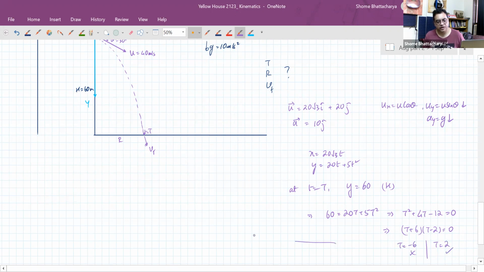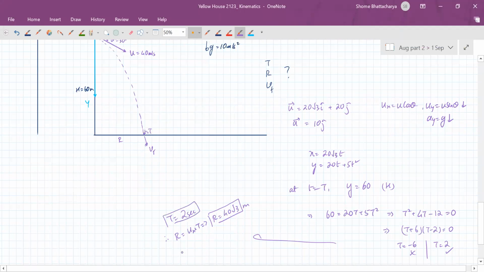So the time of flight from here will come out to be 2 seconds. For range, so it should be 6 seconds, no?